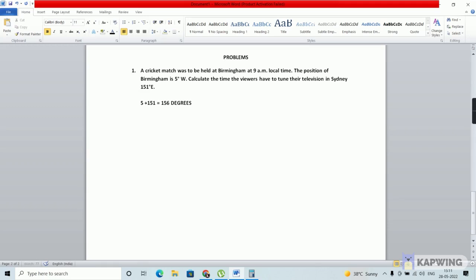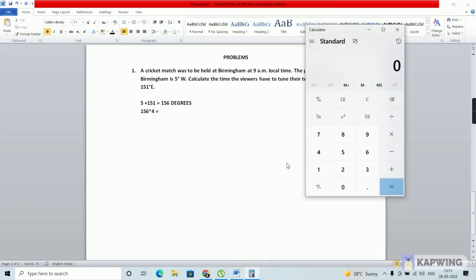We have already seen that the Earth takes 4 minutes to cross 1 degree of longitude. In keeping with the calculation, if we multiply this 156 by 4, let me open the calculator.